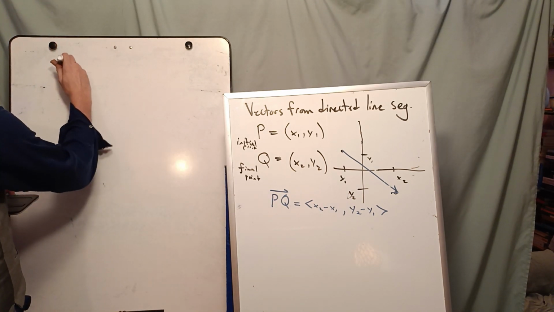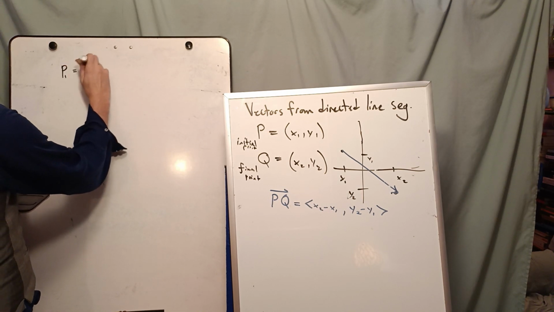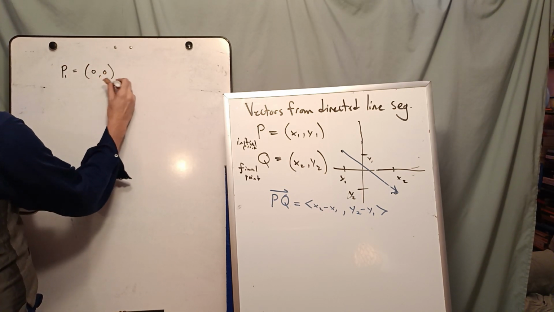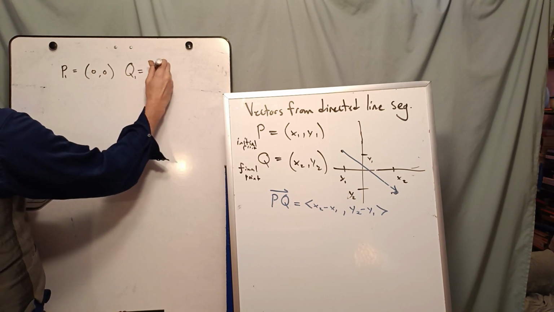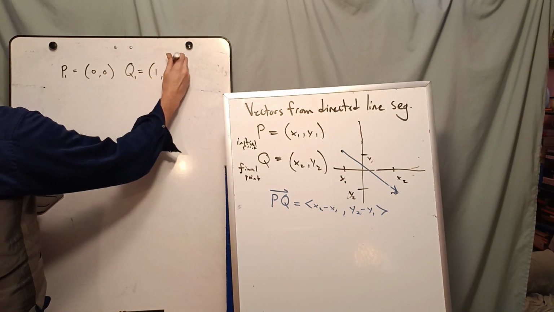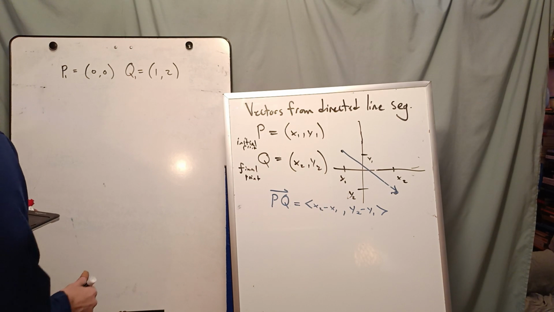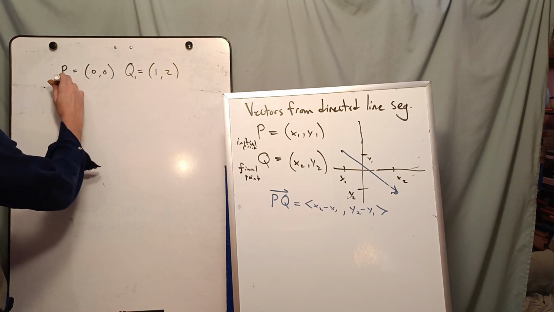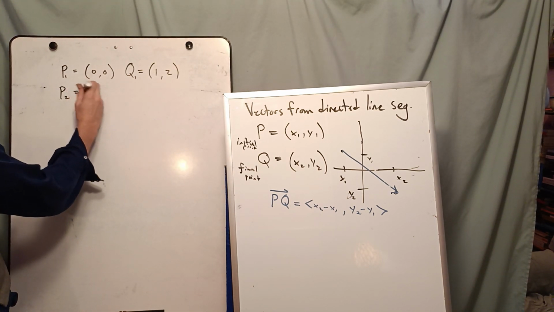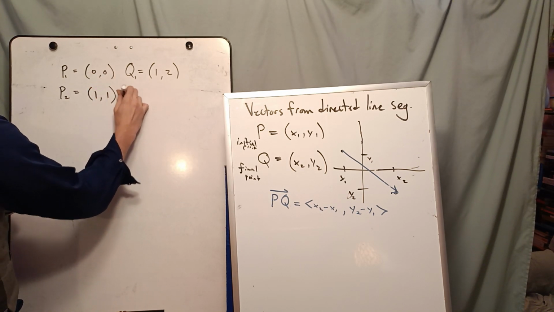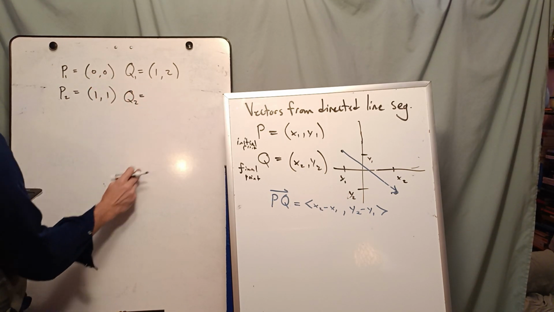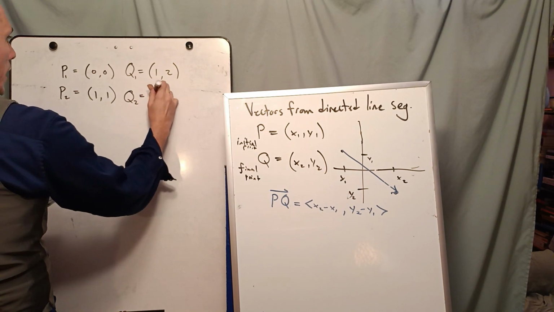So let's say I have some P1 which is at the origin, and some Q1 which is not. And let's say I have some P2, some initial point, which starts off the origin somewhere, and some Q2, its terminal point, which does not.